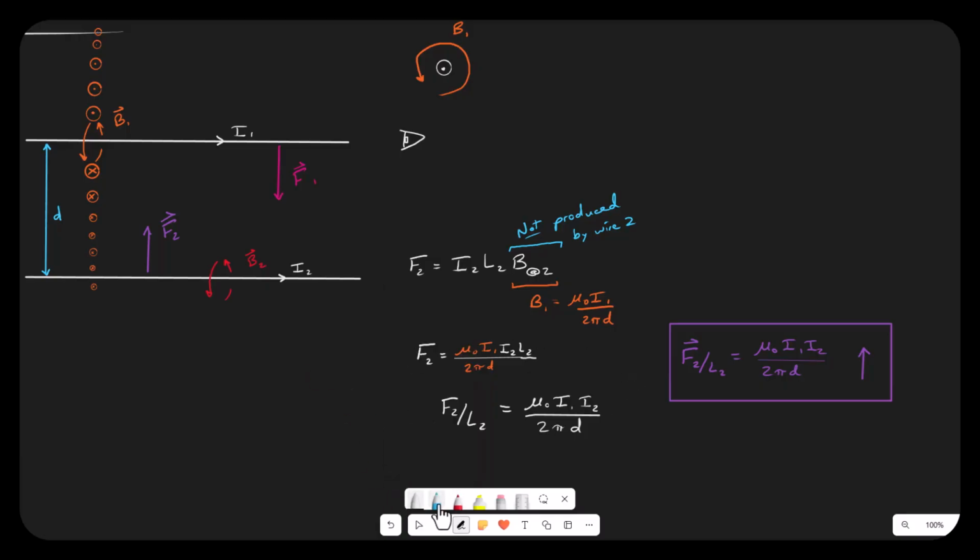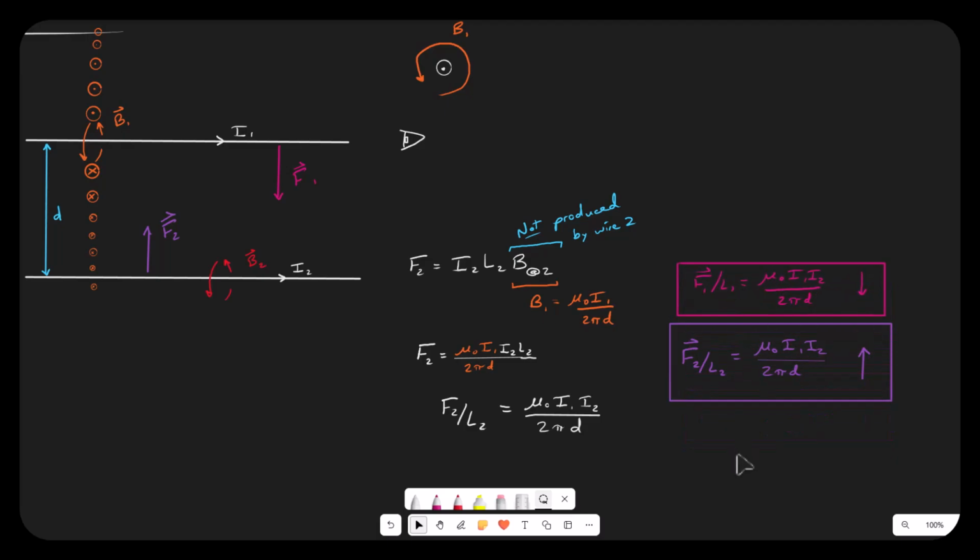So my force on wire 1 per unit length is going to have the same exact magnitude. And it's going to point downward, which means these two parallel wires carrying current in the same direction as each other are going to attract each other. That might be a little bit more clear if I throw wire 1 up above wire 2. These two are going to attract each other.